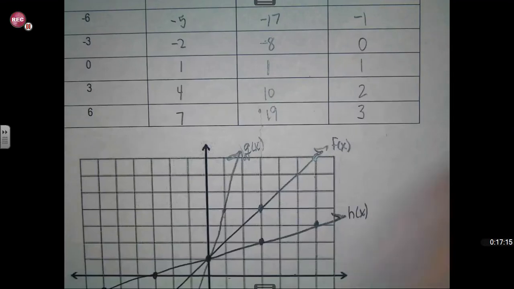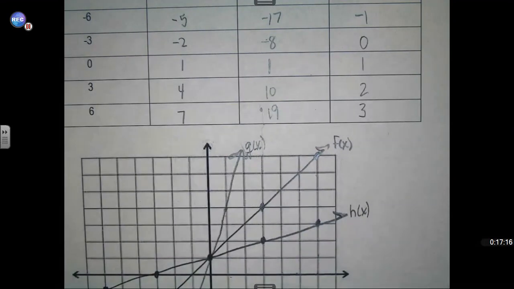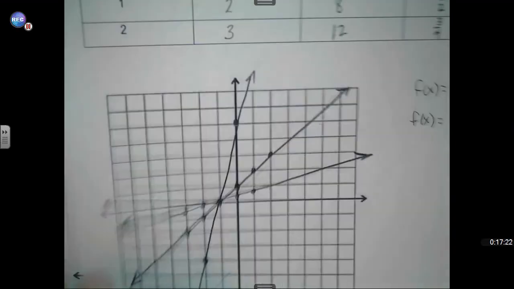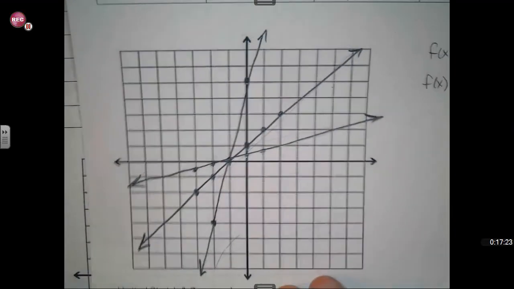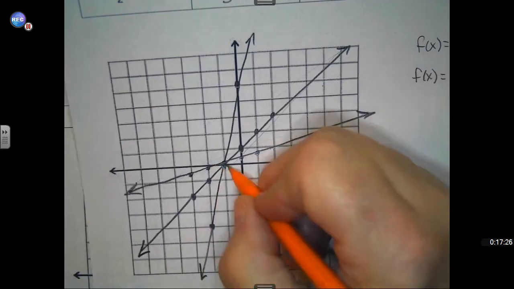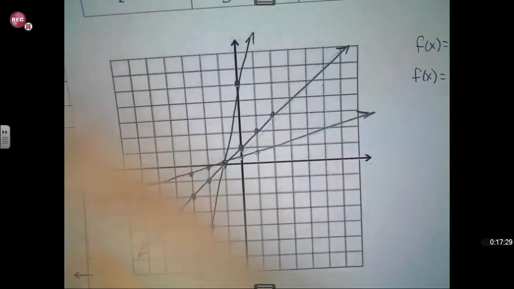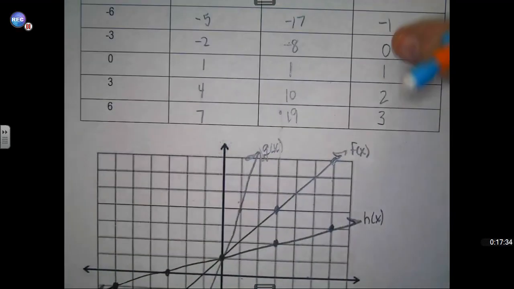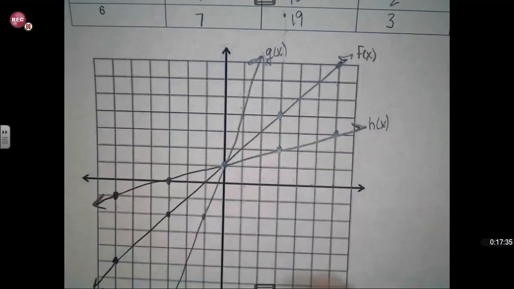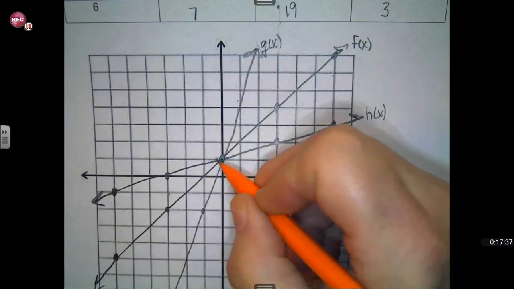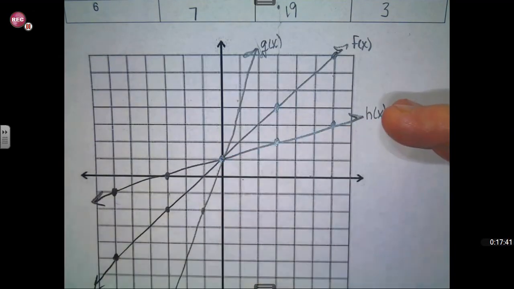And notice here, this goes back to our vertical stretch and compression. This x-intercept stayed the same, and the graph rotated on that. For this horizontal stretch and compression, the y-intercept stayed the same, and the graph changed off of that.